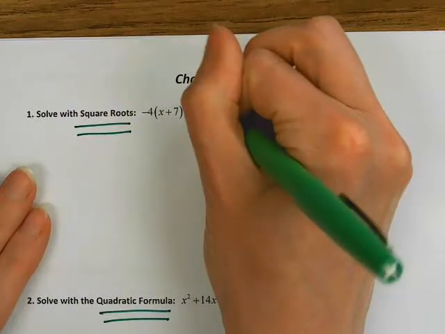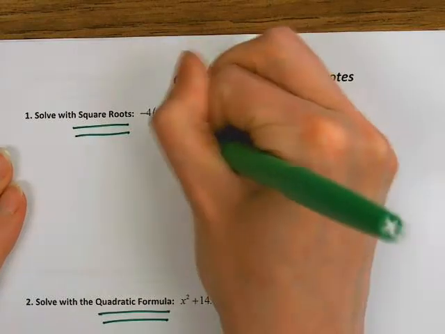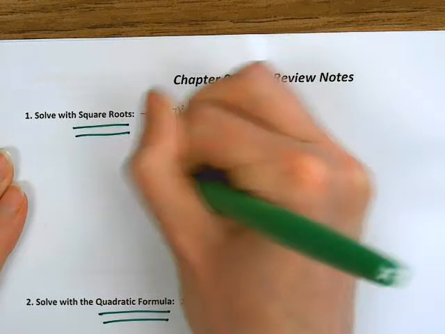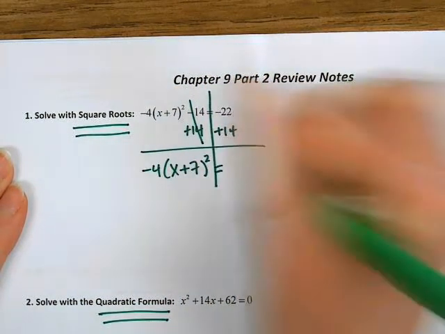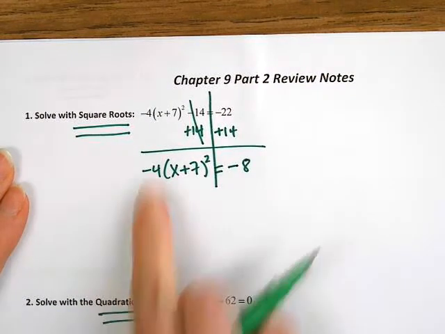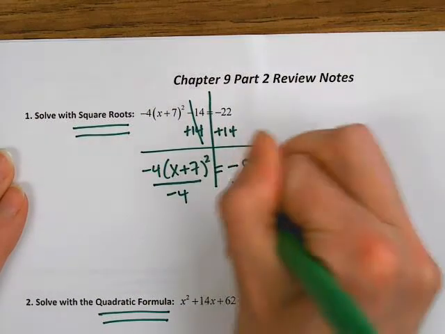All right, so number 1, solve by square roots. You need to draw the wall and isolate first. So we're going to add 14 to both sides. And then you have negative 4 times x plus 7 squared equals negative 8. And then no distributing. You got to divide by negative 4 next.